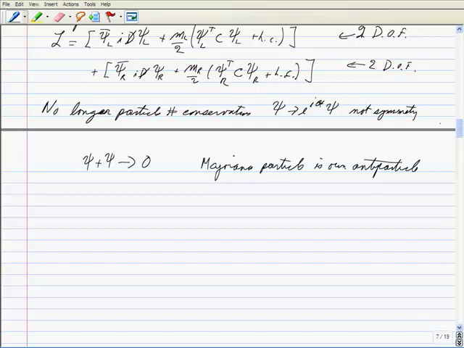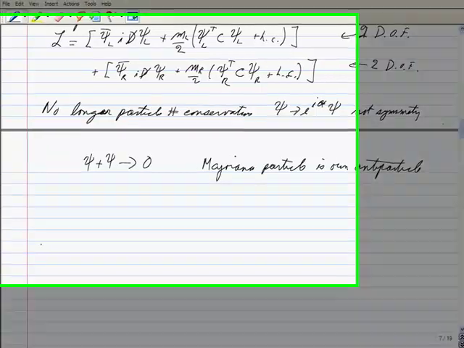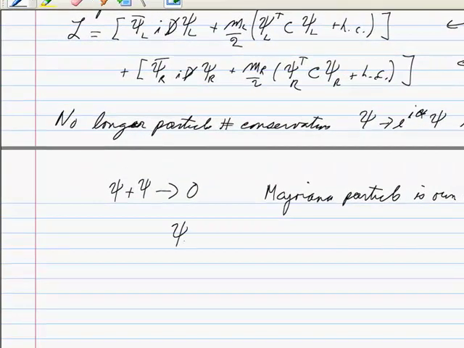Okay. Anyone want any more discussion of these guys? Yes. Well, you said they could be mixed as well. Yeah, you can have masses. So the more general case, let's talk about psi left and psi right. You can have masses that connect left to left.